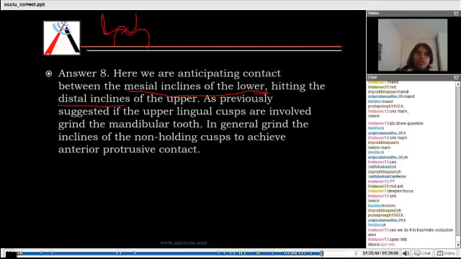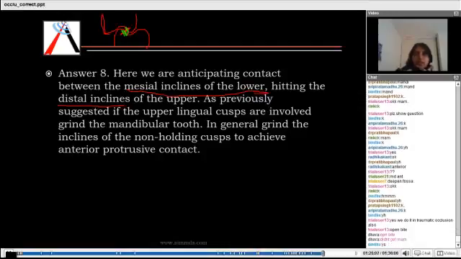Okay, see this, whenever we talk about the buccal and lower contacts, it is the mesial of the lower, let me draw it in green color, the mesial of the lower and the distal of the buccal that comes in contact, right?